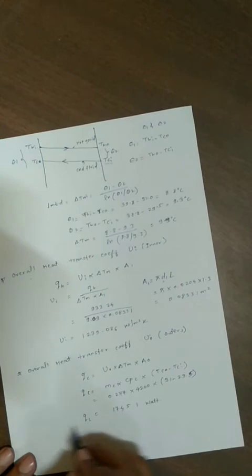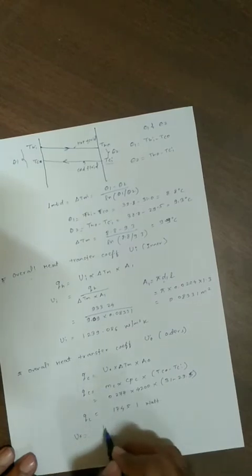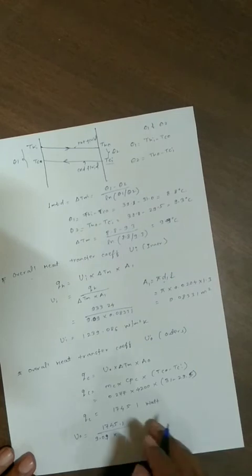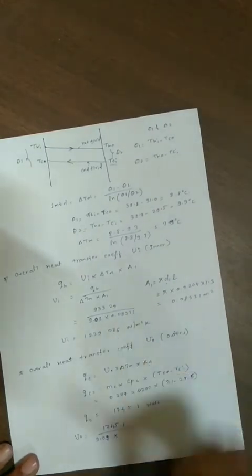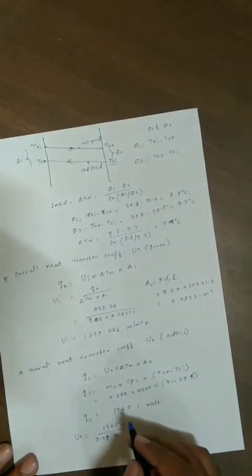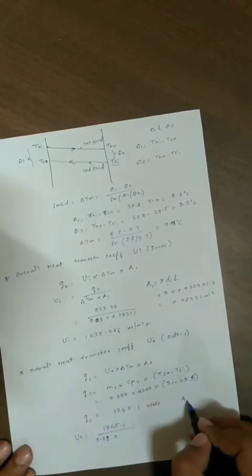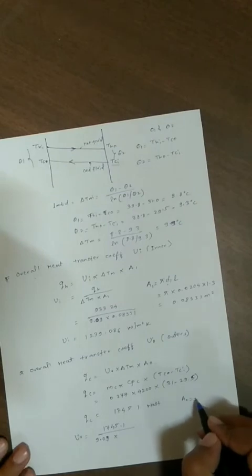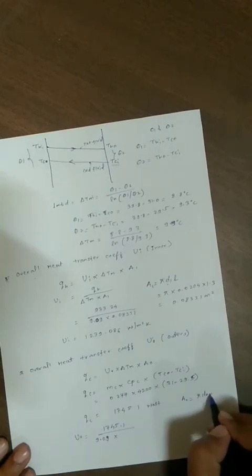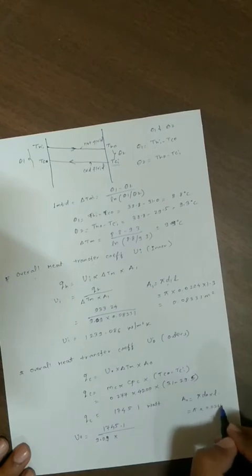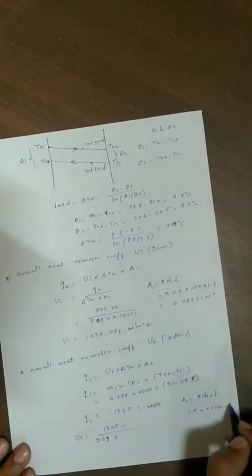Okay. So further U naught will become 45.1 divided by delta Tm 9.09 into the area. We will be calculating the area outside here. Area outside will be pi do into L. So pi into 0.0264, this will be the diameter, and L is 1.3.